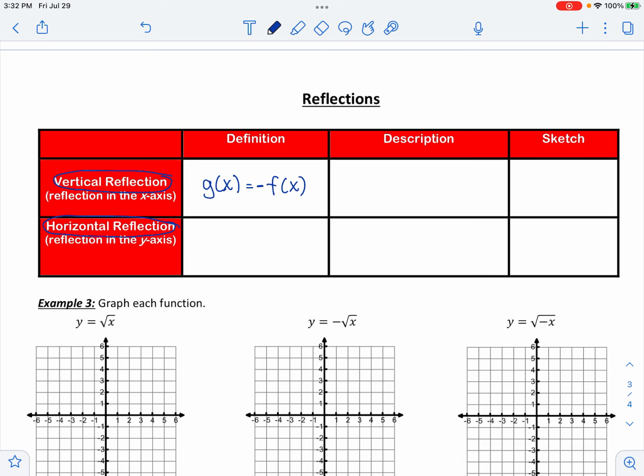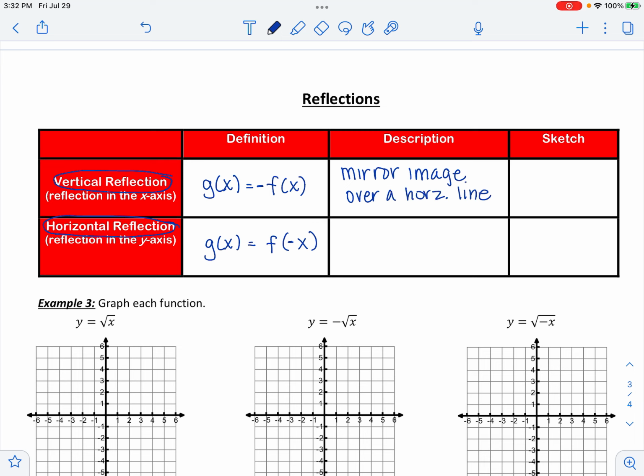So you're going to see a negative in front. For horizontal reflection, remember horizontal is on the inside of the parent. So this is going to be on the inside of the parent. And once again, to reflect it, you take the opposite, so negative x. Okay? Description of a vertical reflection: it's a mirror image of that function over a horizontal line.